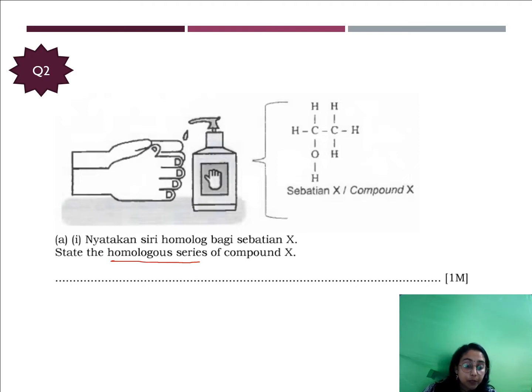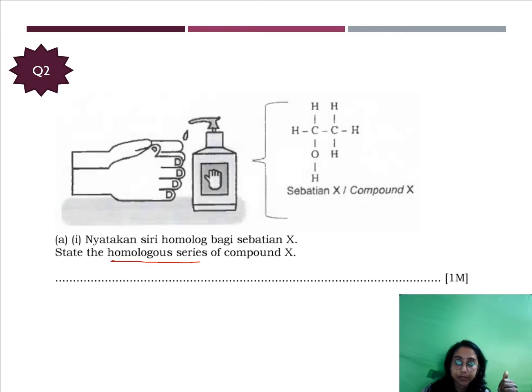So for you to determine the homologous series, go and look for the functional group, the identity of the group. As you can see here, you know already there's an O. When there is an O, it should be a non-hydrocarbon compound. So if you still remember the map I shared with you just now, for non-hydrocarbon, there are three families: alcohol, carboxylic acid and ester. So now let's look at alcohol.